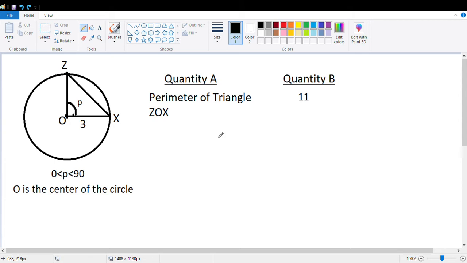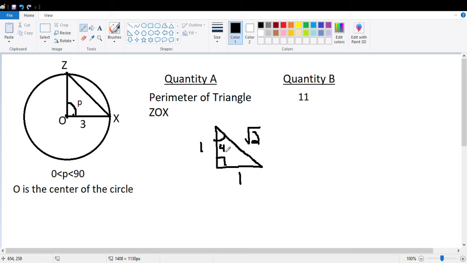Alright, so before starting off with the circle aspect, I want to bring up an idea from right triangles. There's a famous right triangle that you should definitely know if you're going to take the GRE, which is the 1, 1, radical 2 right triangle. Because these legs are the same length, their opposite angles must also be the same.